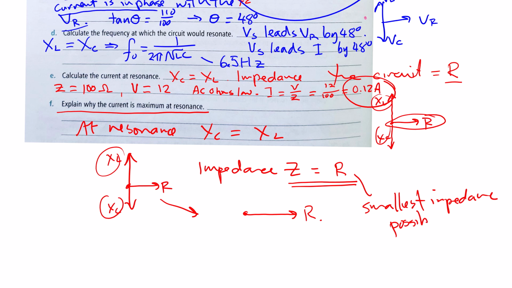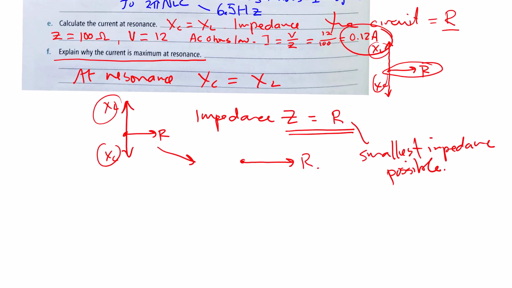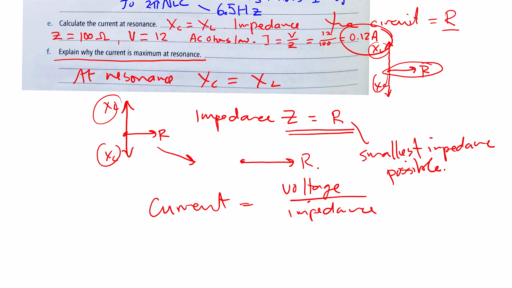And again, from Ohm's law, current equals voltage over impedance. If the impedance Z is small, current is large.